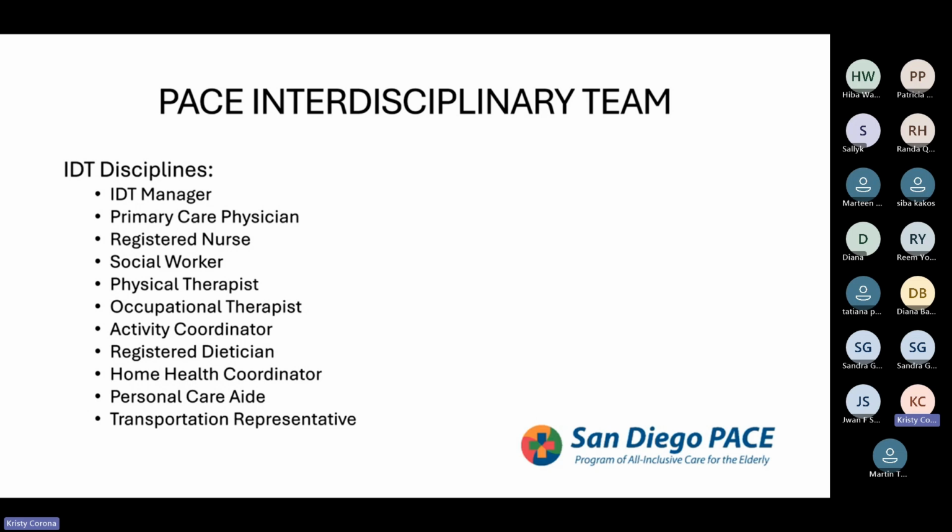So in these meetings or when decisions are made, there's one person assigned within each IDT team, and they need to come together to constructively give any input they need to make a decision about a participant.